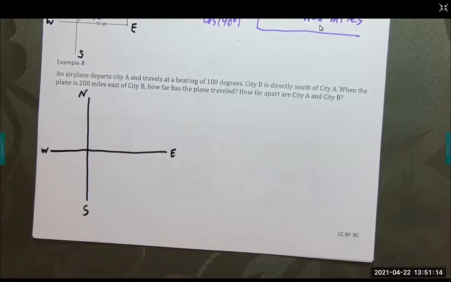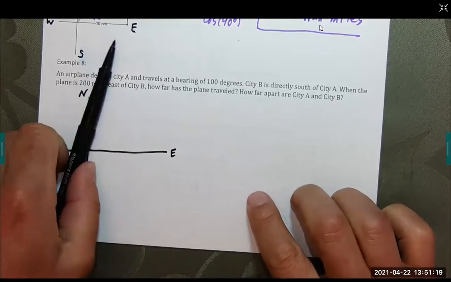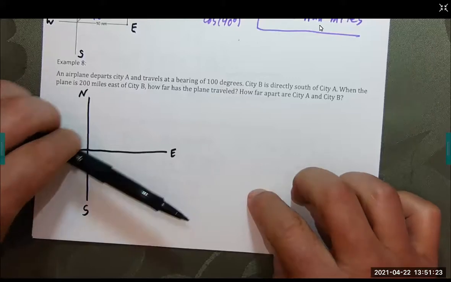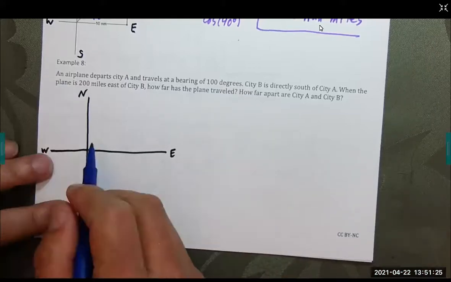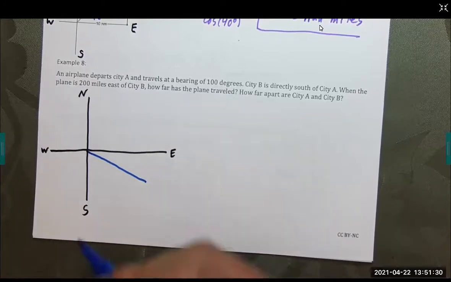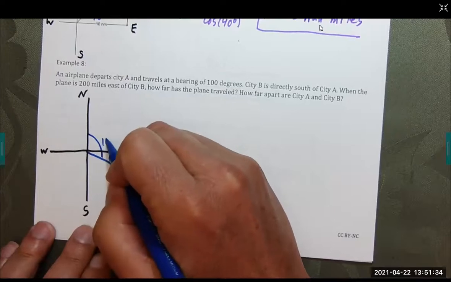So a bearing of 100 degrees. Now, from the north to direct east, that's 90 degrees. So we're actually beyond that. We're down here. I exaggerated that a little bit. So this angle here is 100 degrees.